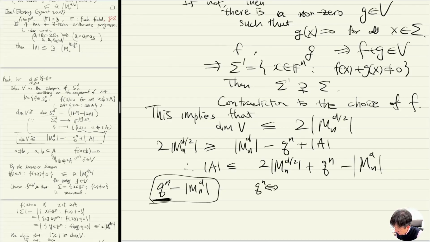You can think of q to the n as the number of monomials.